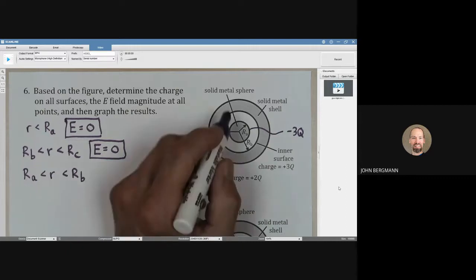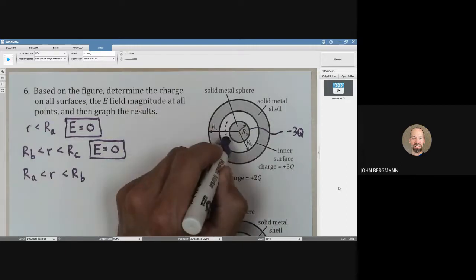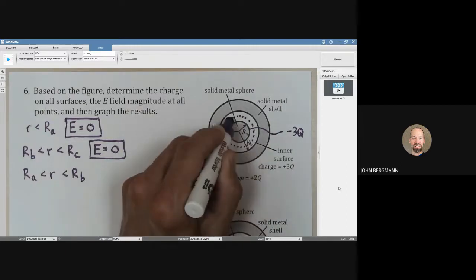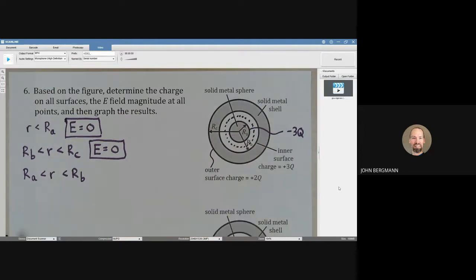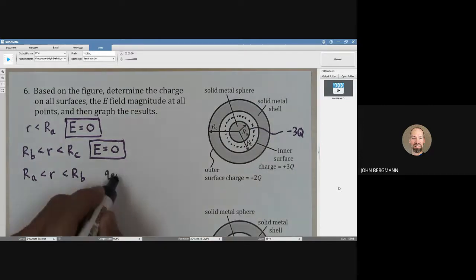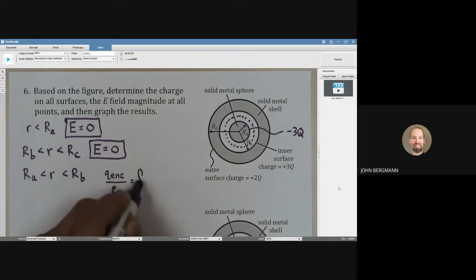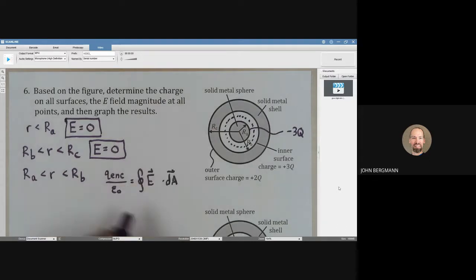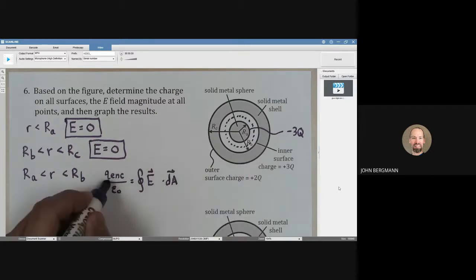What about between r_A and r_B? That is, if we were to draw a Gaussian surface right there of radius r. Well, let's use Gauss's law. Q enclosed over epsilon naught is equal to the surface integral of E dot dA. What's the total charge that's enclosed here? It has a magnitude of 3Q.